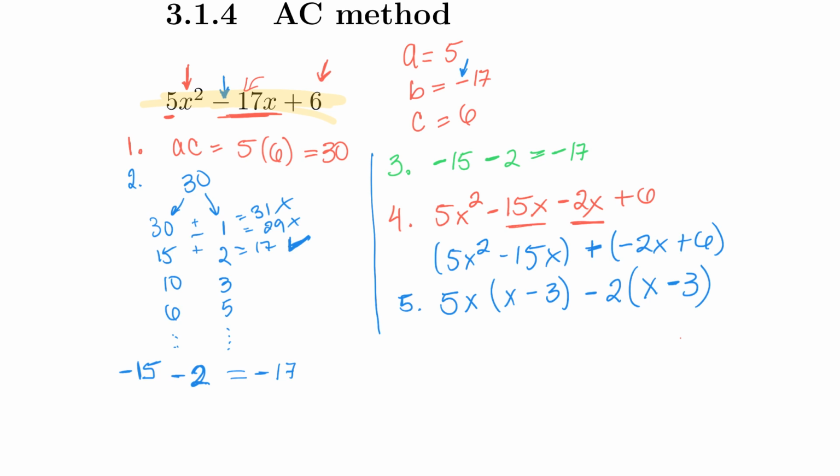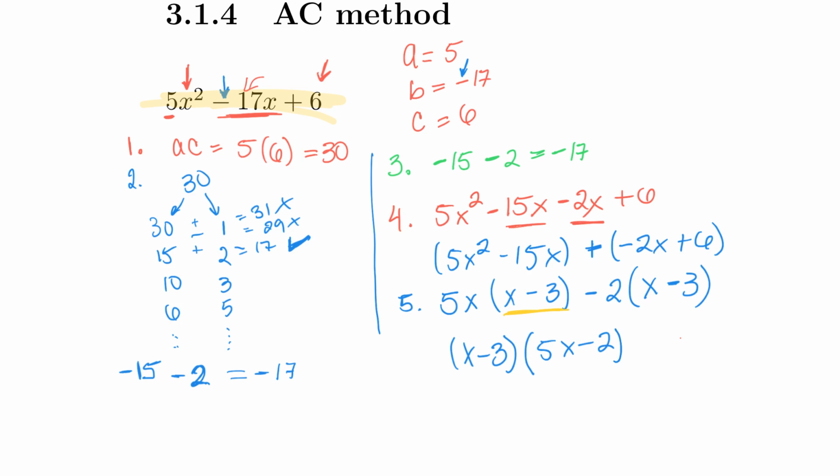Now, if you notice here, between these two terms, we have another greatest common factor, x minus 3 and x minus 3. So we can take the x minus 3 out and multiply by whatever doesn't have a common factor. In this case, it is 5x and minus 2. Then we multiply times 5x minus 2. You see what I did?